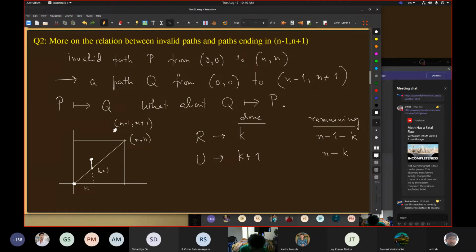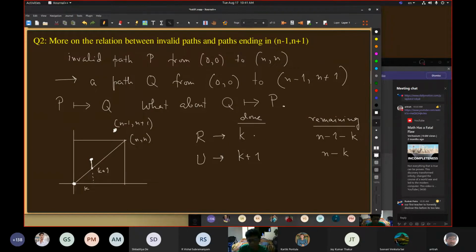But then, like the construction of Q from P, after this crossing, if I just swap the movements exactly as in the P to Q construction, the remaining up movements will be right movements and the remaining right movements will be up movements.